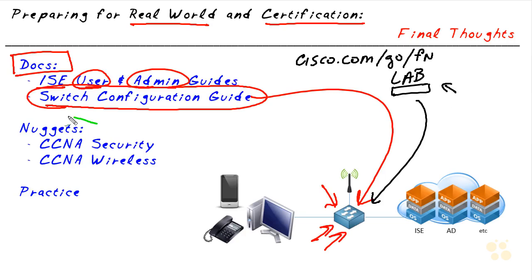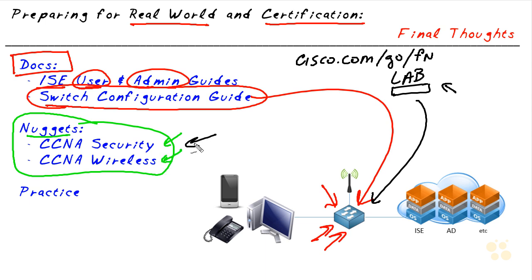Additional content that you may want to review as well is the CBT Nuggets content regarding CCNA security and CCNA wireless. In CCNA security, it covers a lot of the basics regarding RADIUS versus TACACS, and how TACACS is more granular for the authentication, the authorization, the accounting, where RADIUS lumps many of those features together.